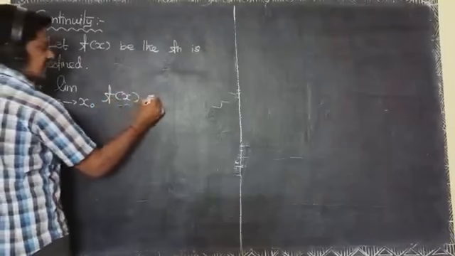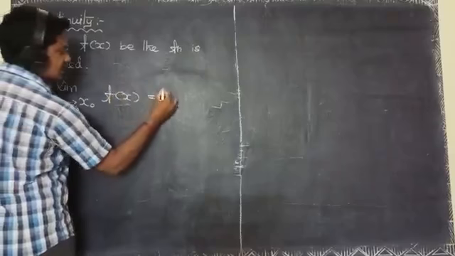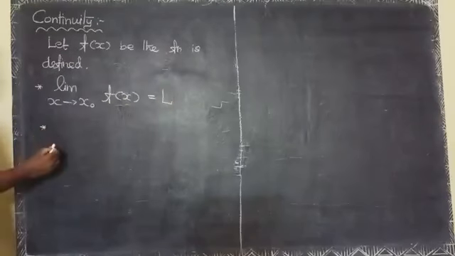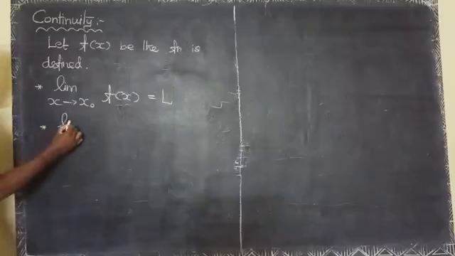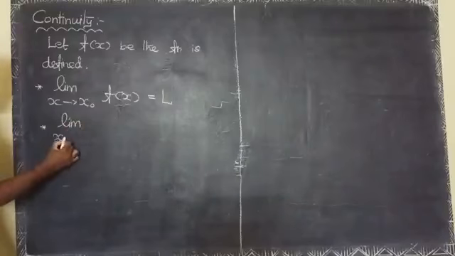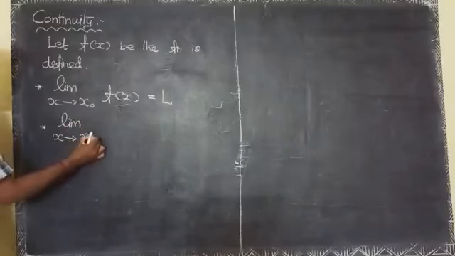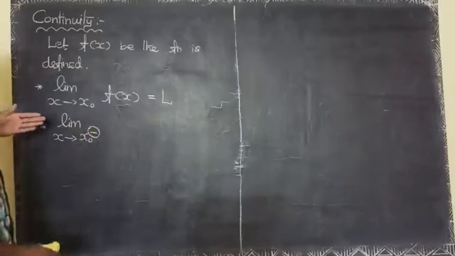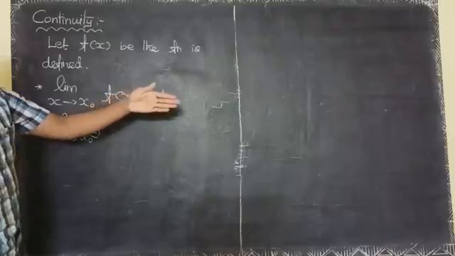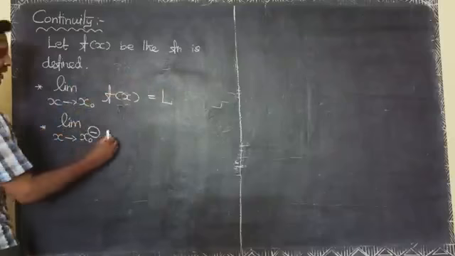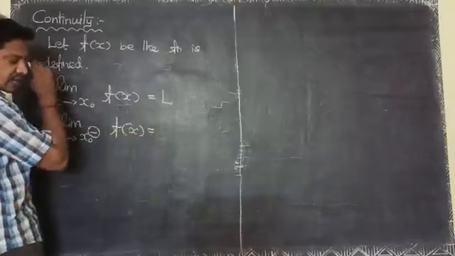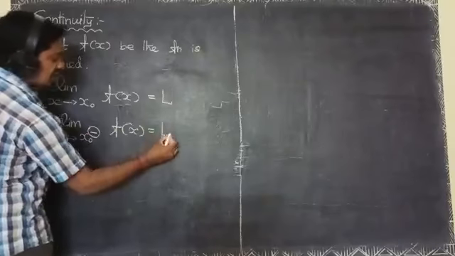Exists means the function has some constant real number. Next, to find the left approach, limit as x approaches x naught minus indicates x approaches x naught from the left side, f of x is equal to some value, that is L.